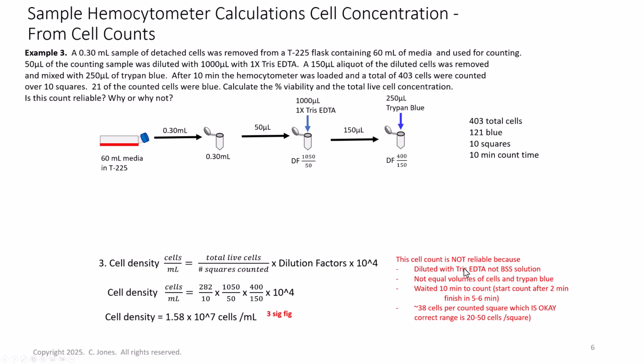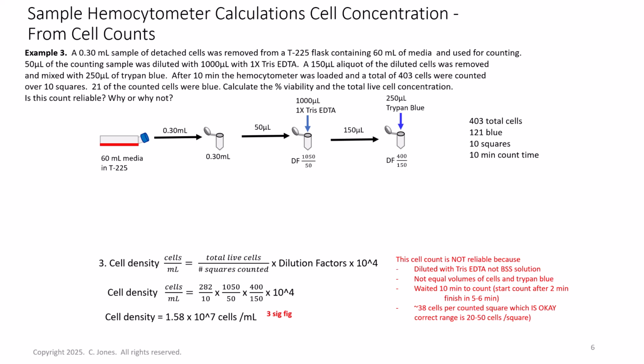And while tris and EDTA are commonly used in biotechnology and biochemistry labs, right? Tris EDTA is not a balanced salt solution. So the osmolality will be incorrect, and that may cause the cells to die because the osmotic pressure inside and outside is not the same. So we did not use the balanced salt solution, so that's one huge error.